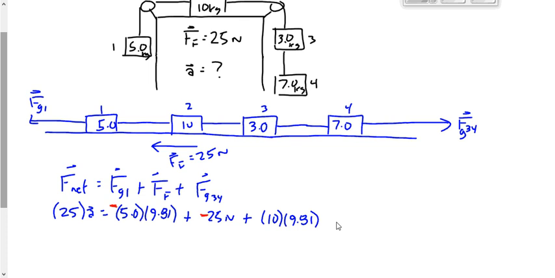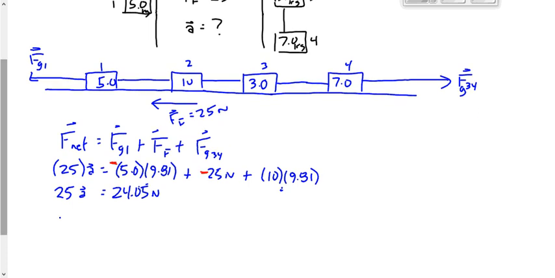So this is going to be 49.05 right there, 98.1. Subtract the 49.05. Subtract 25, 24.05 on the right side. 24.05 newtons. The a is going to be 24.05 divided by 25.